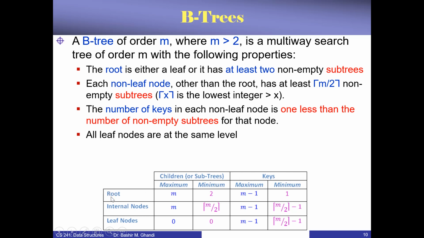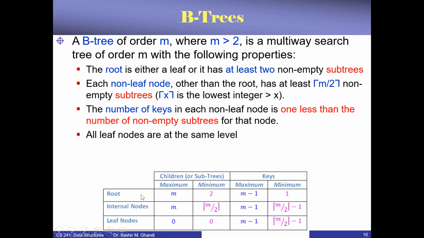Also, we consider the nodes in the tree to be of 3 types: root, internal nodes, so all nodes except the root and the leaves, and then the leaf nodes. And then for each of these we have maximum and minimum. Let's concentrate on subtrees first.